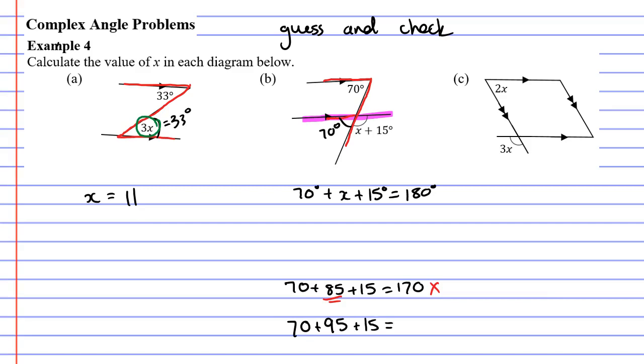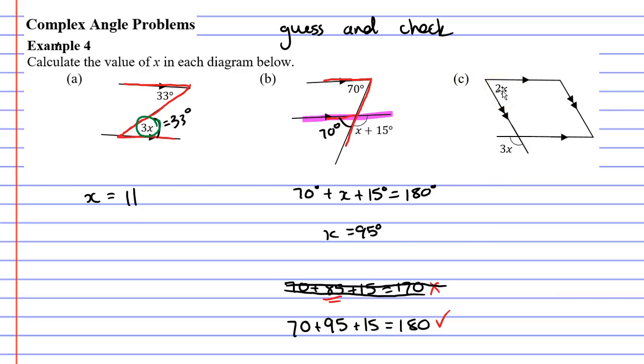And when I add these three numbers up, I get 180, which is what I'm looking for. So x must equal 95 degrees, like so. And down below, I'm just going to cross this line out just so that there's no confusion about what I've done there.